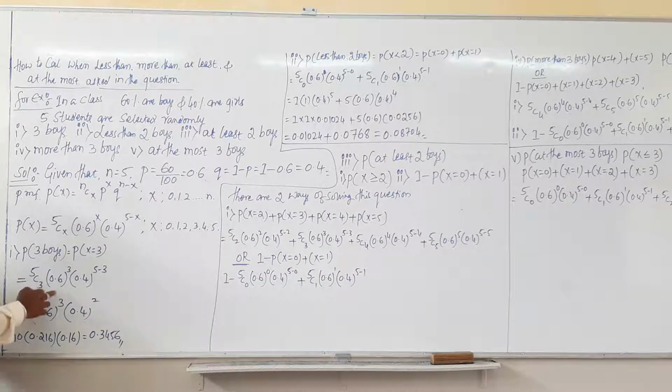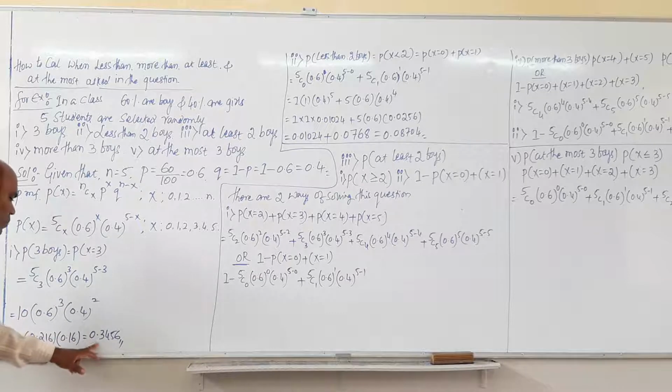So 0.6 raised to 3, 0.4 raised to 5 minus 3. You know very well the formula of binomial distribution. After calculation of this, you will get the final answer, that is 0.3456. You know very well how to simplify this. This is the solution for the first question.